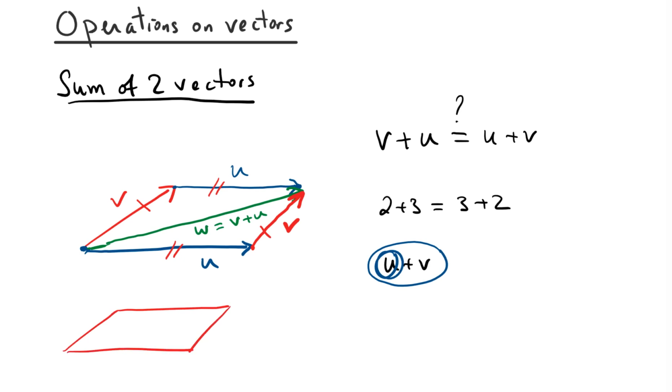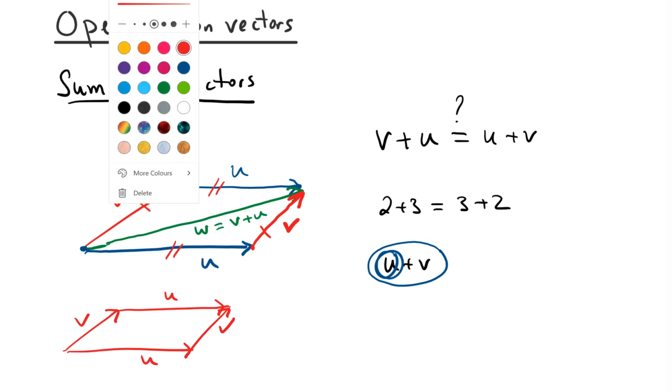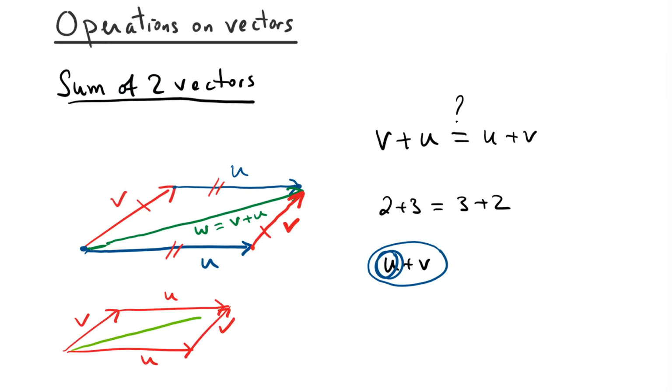One side here, this is v, this is v. This is u here, this is u here. So we were creating a parallelogram, and the main diagonal of this parallelogram is the sum. The sum is the same no matter whether you start with v or whether you start with u. So in fact, this statement is true.